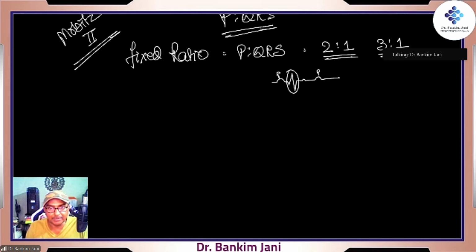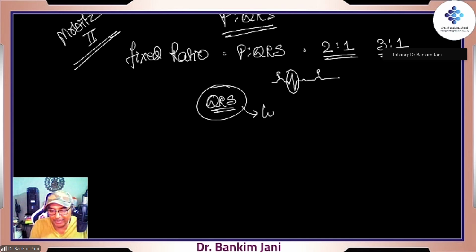So what would be the importance? When you see such type of thing, that consistent P wave and then there is QRS, go for the QRS measurements. Is it wide?